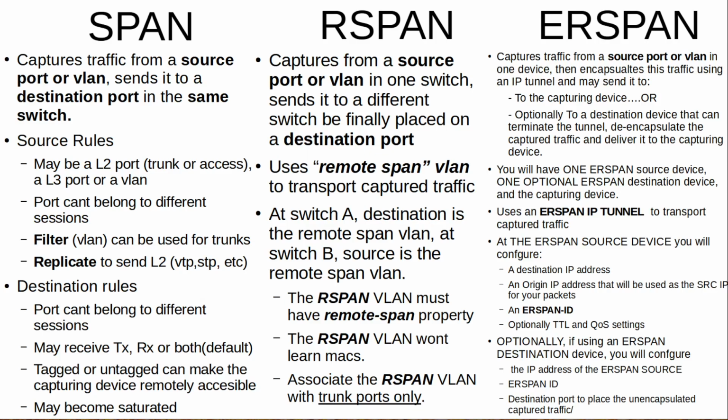And at the switch where you have your destination port, the source is the remote SPAN VLAN. This remote SPAN VLAN must be created with the remote SPAN property. This particular VLAN will not learn MAC addresses, and you must associate it with trunk ports only.